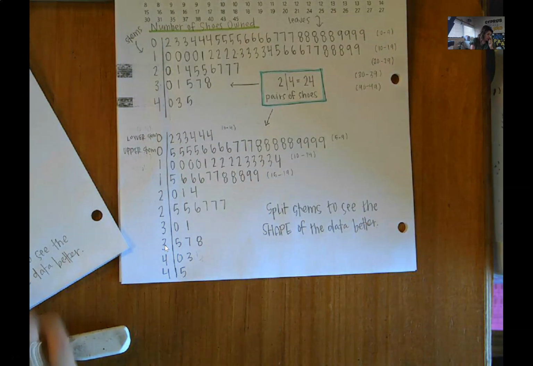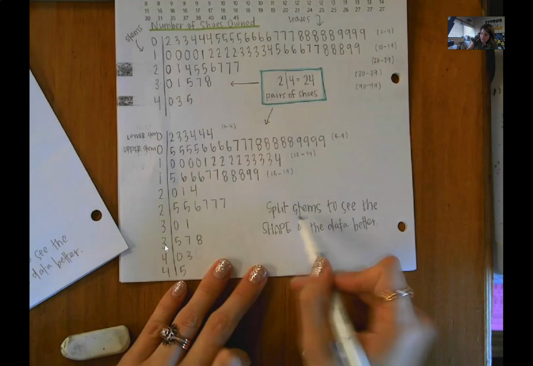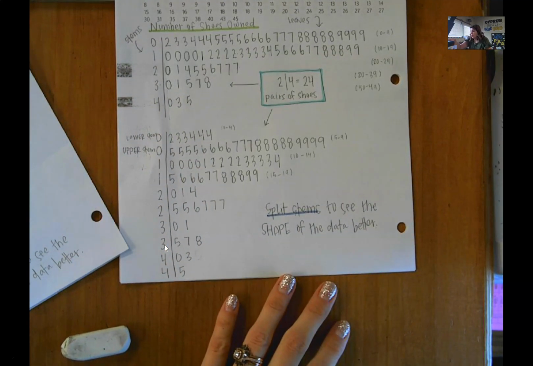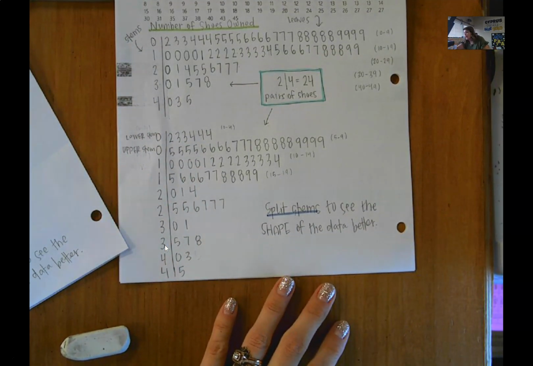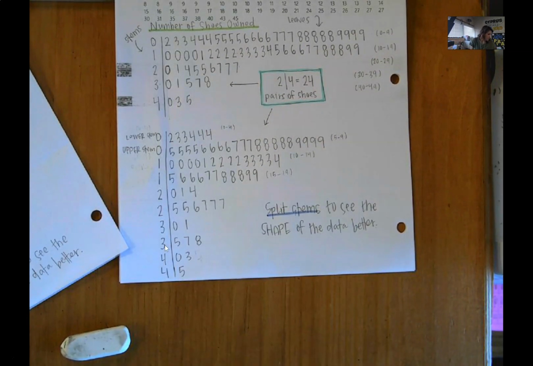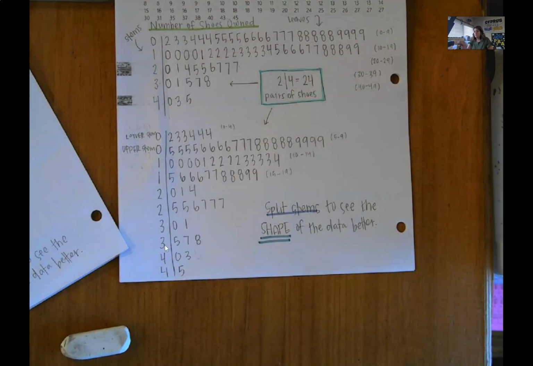So use split stems if you have a very large data set and you want to see the shape of the data better. So on the original one, you can see that it is right skew, or you get some kind of indication that it is. But once we split the stems, I think that you can definitely see the right skew.